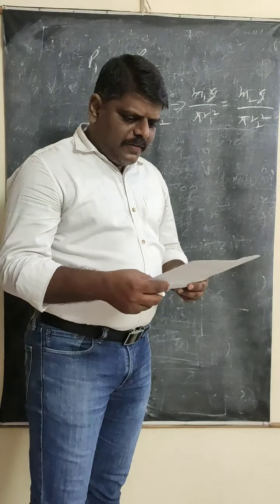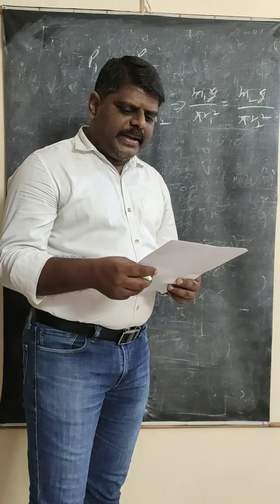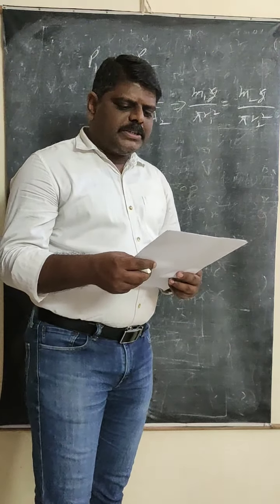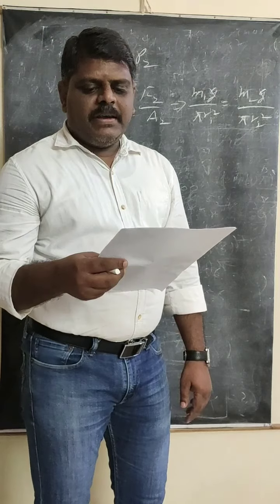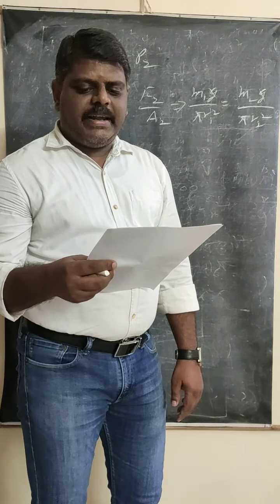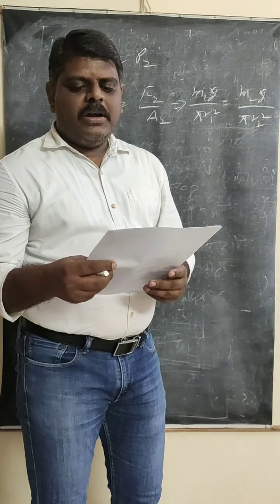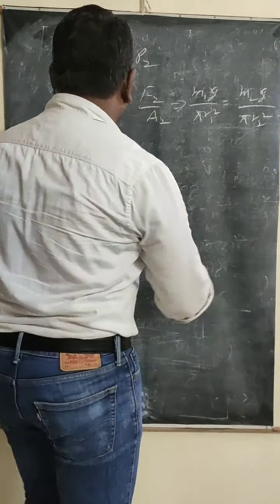And what is given to you? The large piston area is given as 20 is to 1, and the question is what weight must be placed on the small piston. So we are going to calculate with the formula.